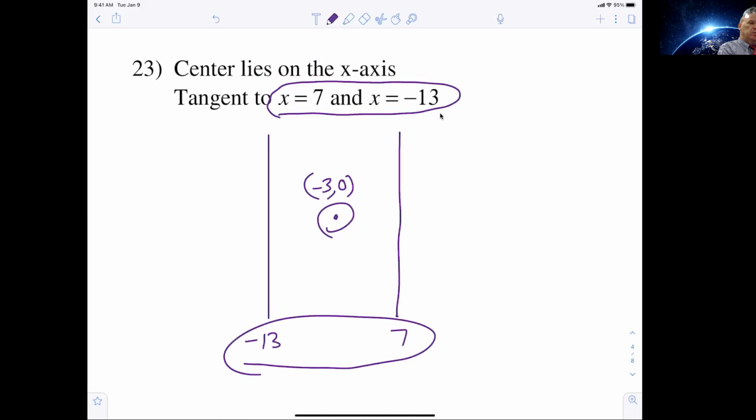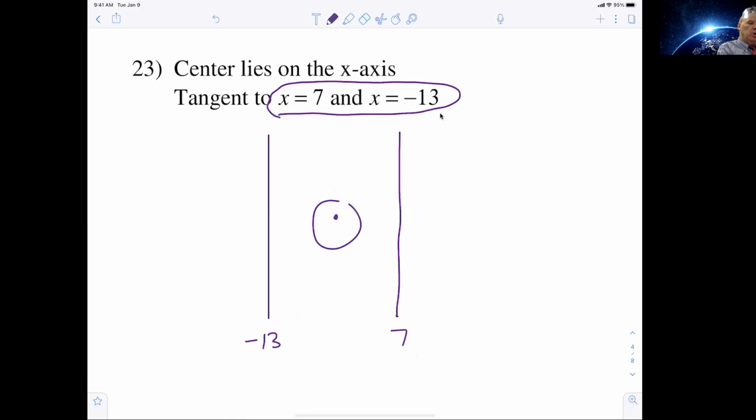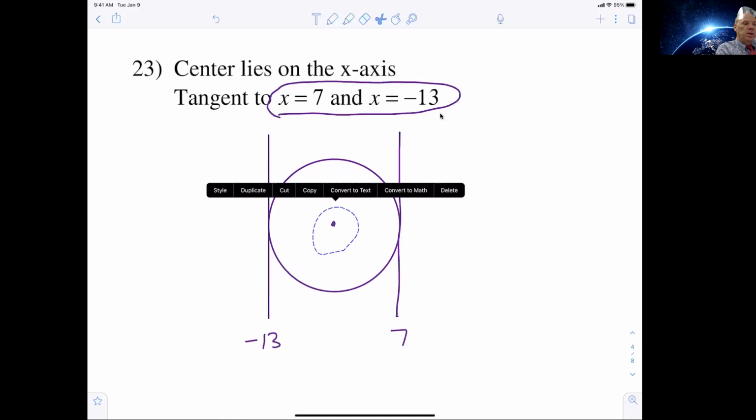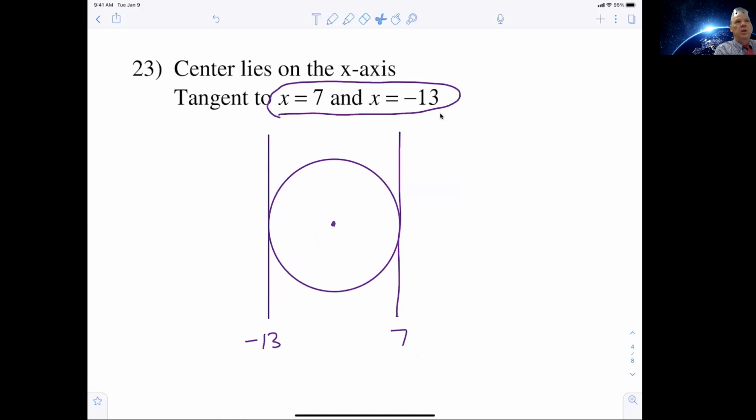In other words, watch what I should have done. I should have said, those are my two vertical lines. Now I'm going to draw a circle that's tangent to both of those. Right? So where is that center? Where should the center be? Right in the middle, right?